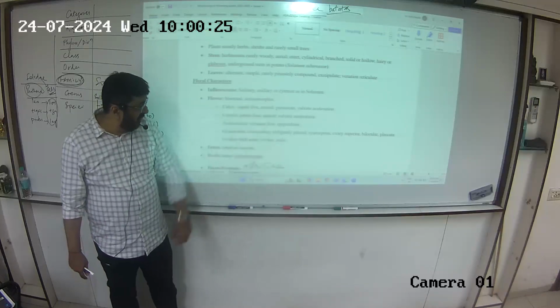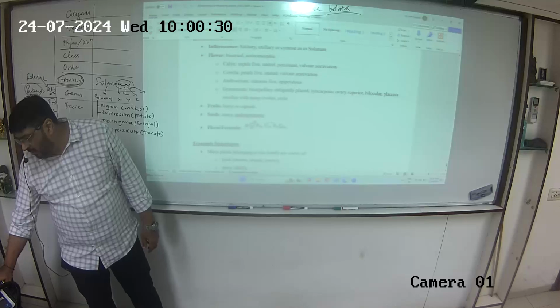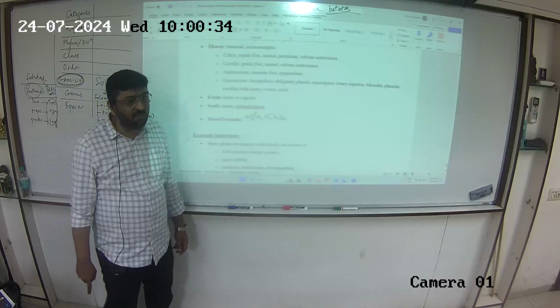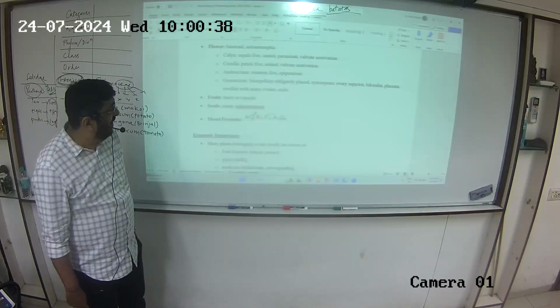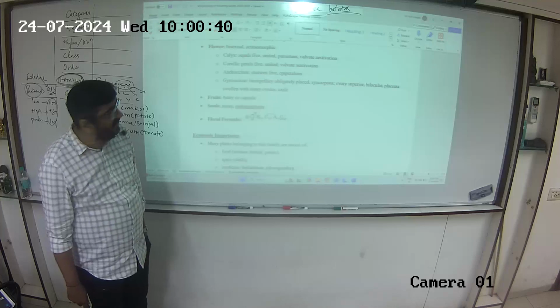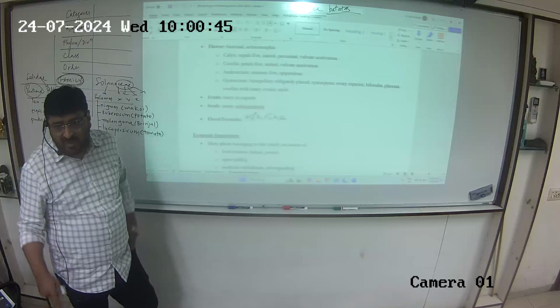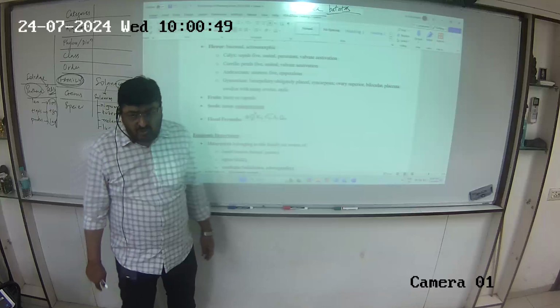Flower is bisexual, actinomorphic. Please correlate with the floral formula below. Can you see the sign for both bisexual and actinomorphic? Calyx, 5 sepals. Can you see a K5? United. Can you see the bracket there? So the bracket is indicating fusion. Valvate estivation.